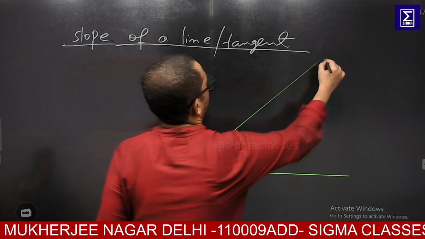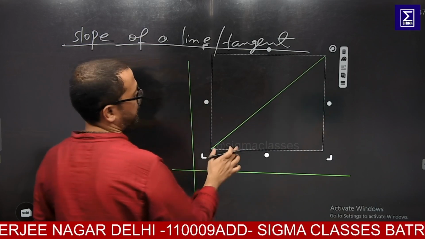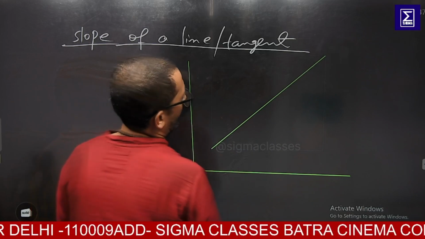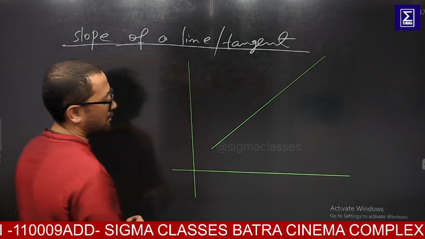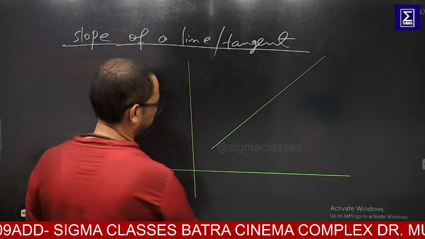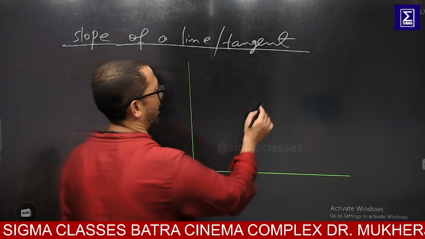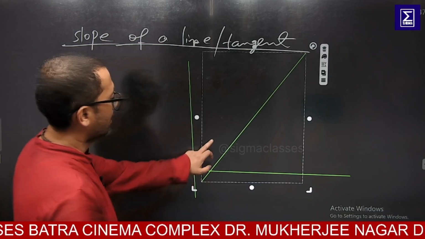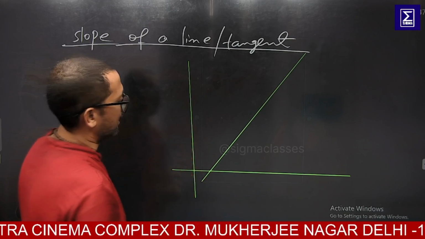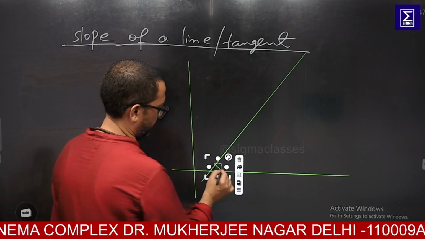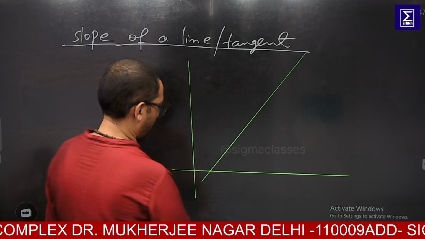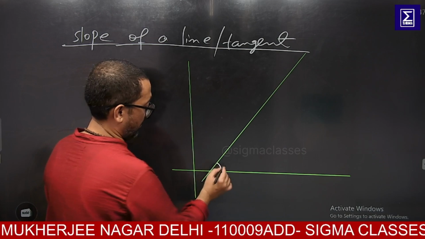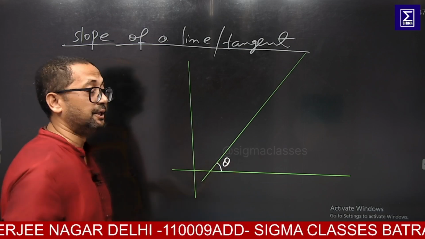And this is the line. So this line is basically, आप ऐसे draw कर सकते हो. We can do like this also. This line is making an angle theta with the x-axis, positive direction of the x-axis. Yeah, theta. This is theta.